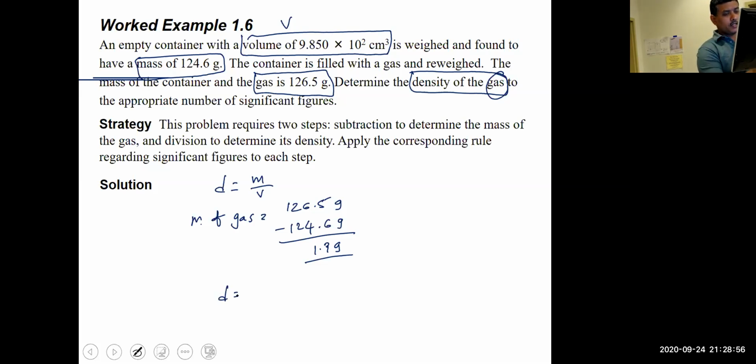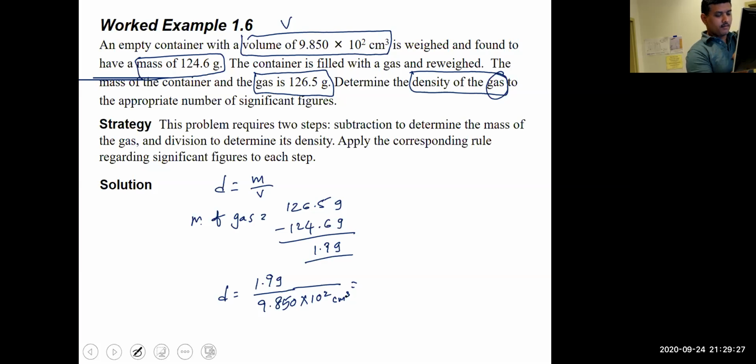So you got the mass now. Let's identify the density. Mass is 1.9 grams, and the volume is 9.850 times 10 to the power of 2. Now, if you do the calculations, the units here are centimeter cubed.